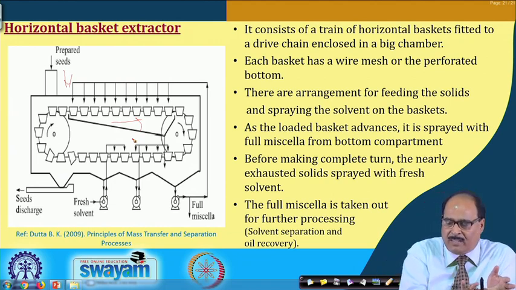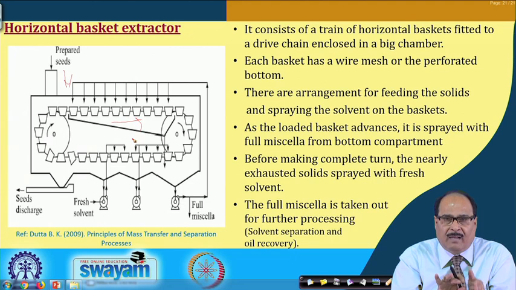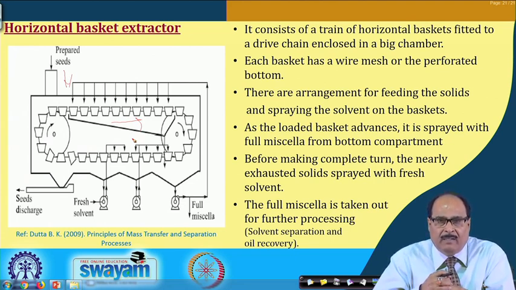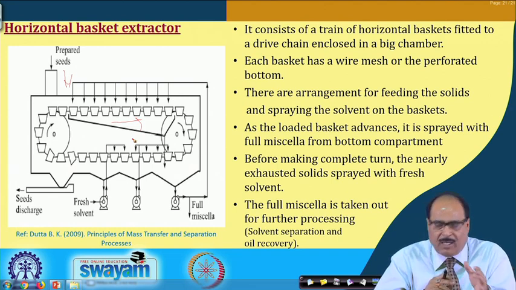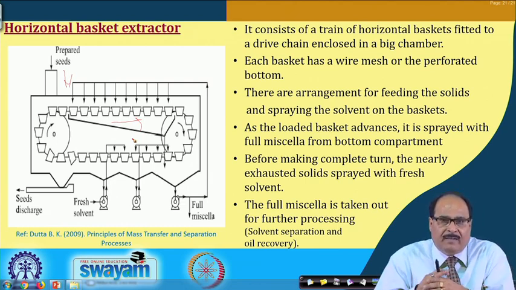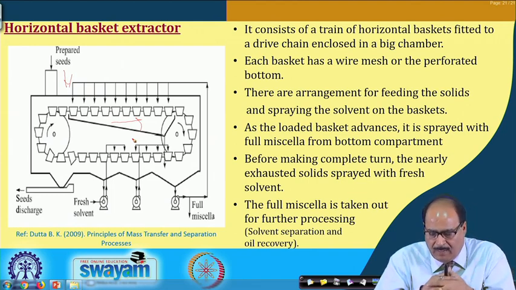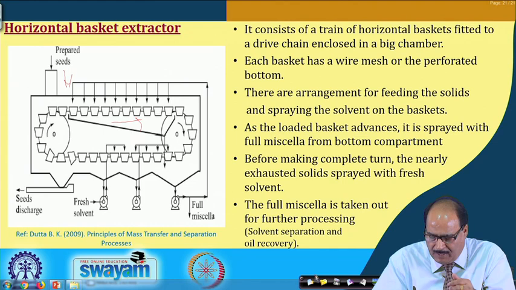As the loaded basket advances, it is sprayed with full miscela obtained from the bottom compartment. Before making a complete turn, the relatively exhausted solid is sprayed with the fresh solvent, and the full miscela is finally taken out for further processing, like removal of the oil from the miscela and oil recovery, in other words.